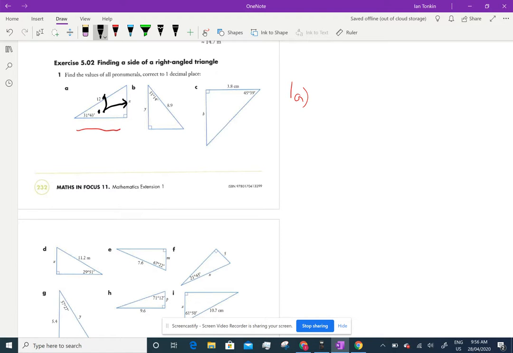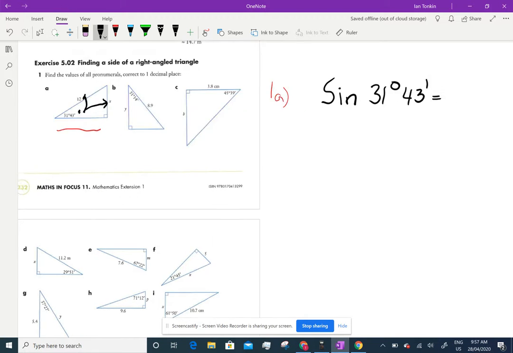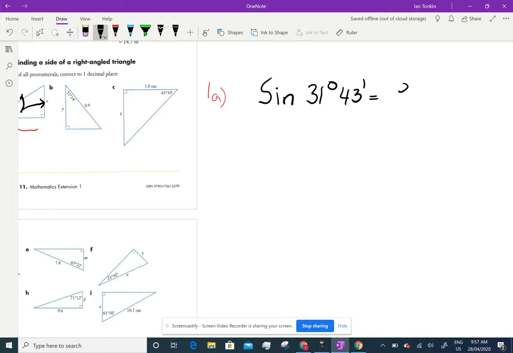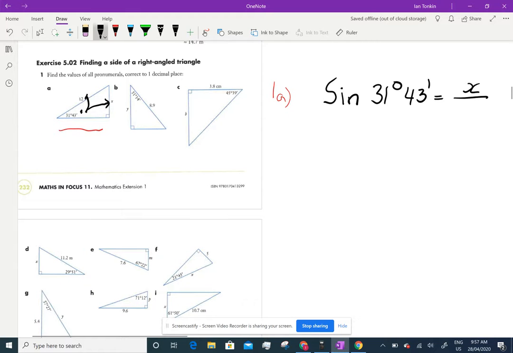Well, I've got the opposite and the hypotenuse, so I'm going to choose sine. So I've picked the right ratio, and I'm going to write an equation. Sine of the angle, 31 degrees and 43 minutes, equals x opposite over 12.